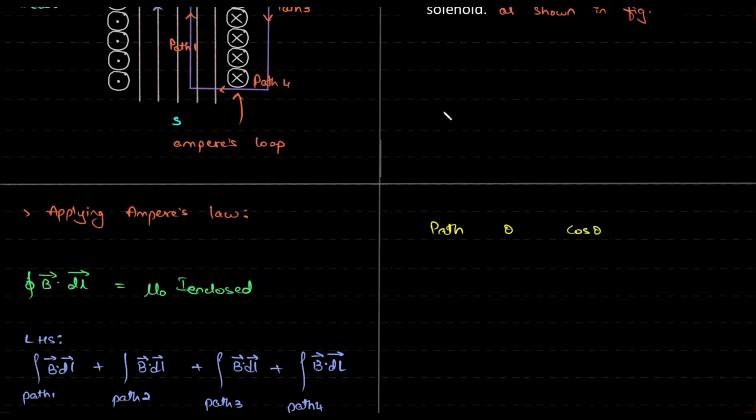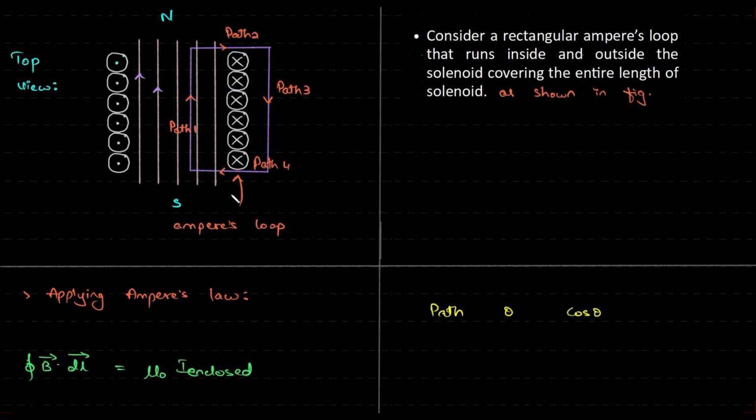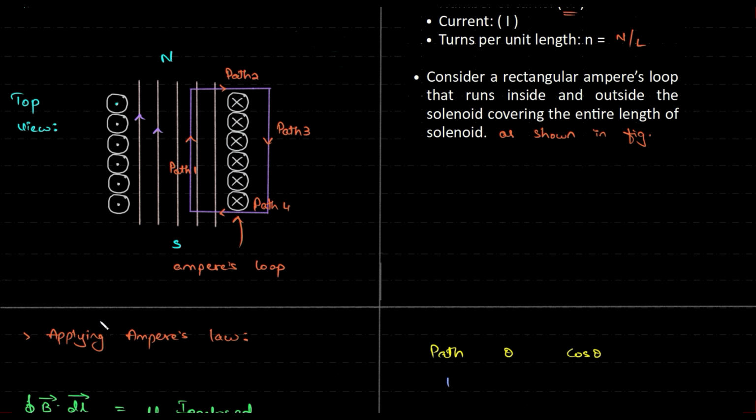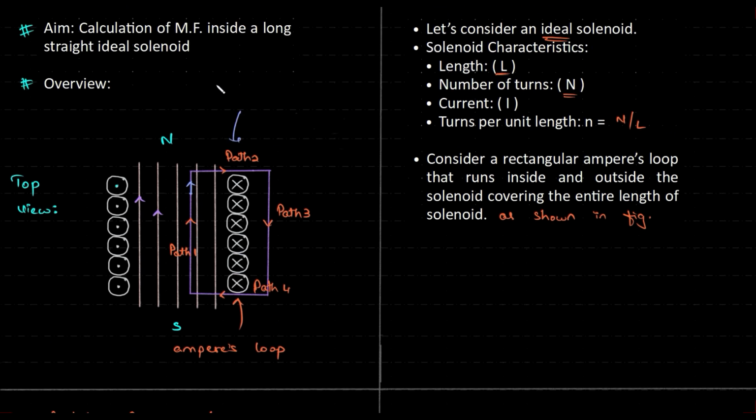Now let's go to this figure. What is the angle for path 1? What is the angle between which ones? B and dL. B is the magnetic field. dL is any point you take, tangential and in the direction of the imaginary path. This is your direction of integration.